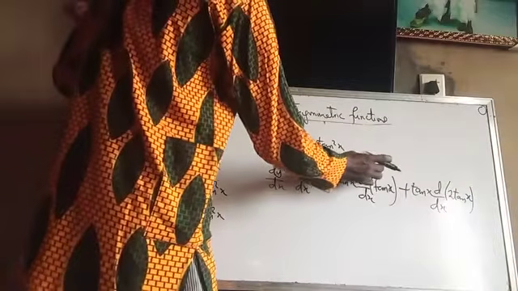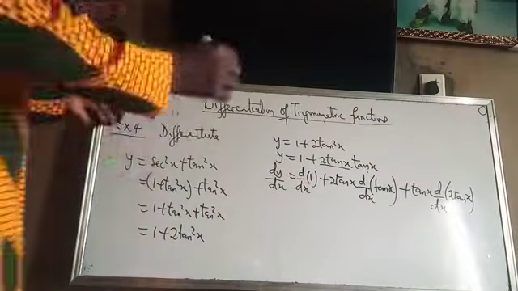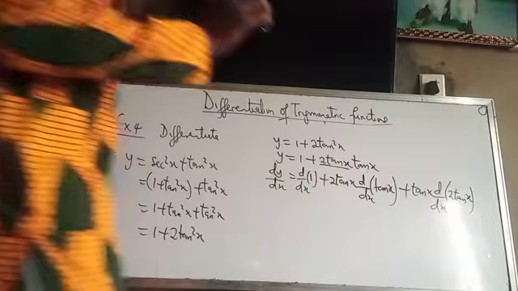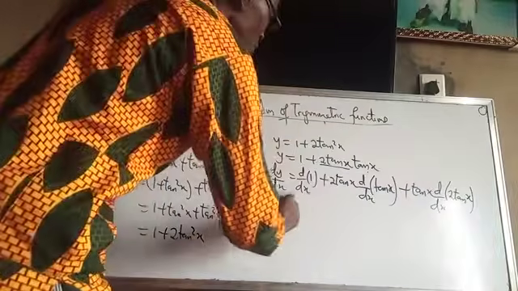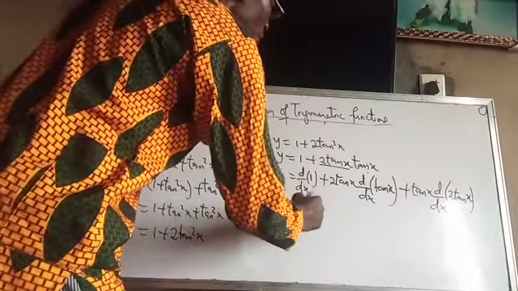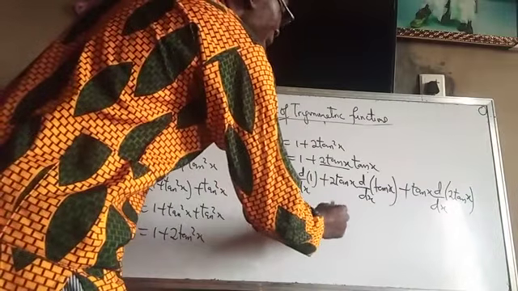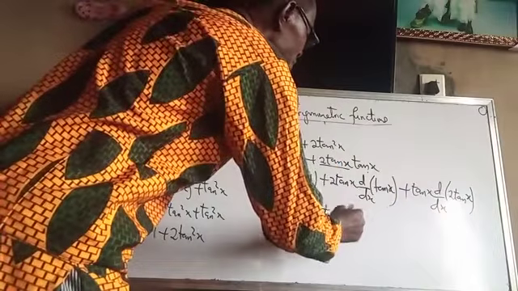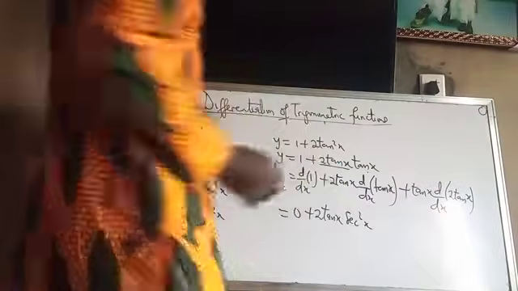Now I will bring this tan x out and I will differentiate 2 tan x. That's it. And don't forget, if you differentiate tan x, you have sec square x. Let it be at your fingertips. So d of this constant is 0, plus 2 tan x. When you differentiate tan x, which we did previously, sec square x.